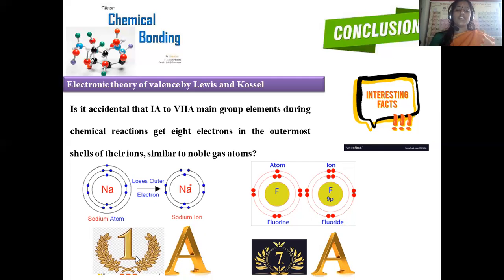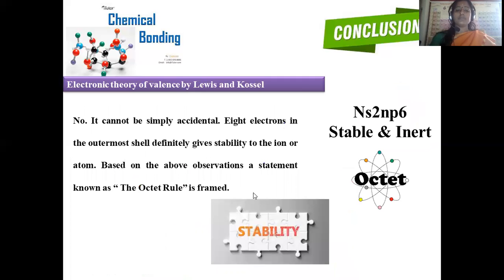If you consider the first A group, I'm taking a simple sample: sodium is converted into sodium monopositive. And for the 7th A group, I'm taking the halogen family: fluorine gets converted into fluoride by seeking an electron. Is it accidental or actually occurring? It is not accidental. It is actually required in order to attain the octet configuration. Then eventually they become more stable.